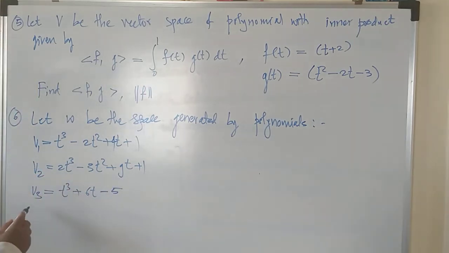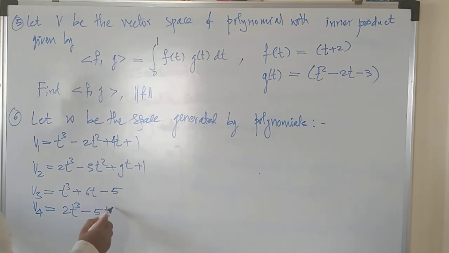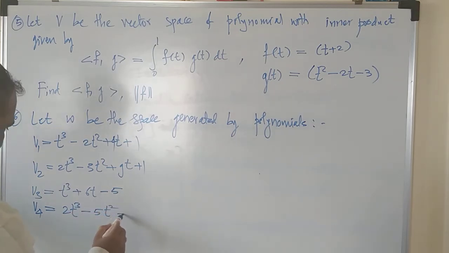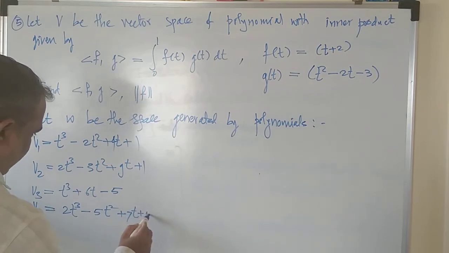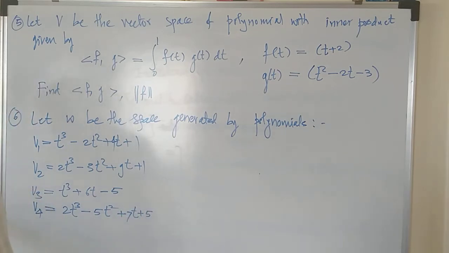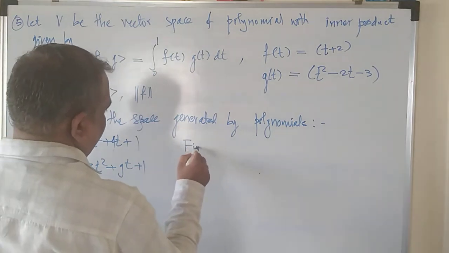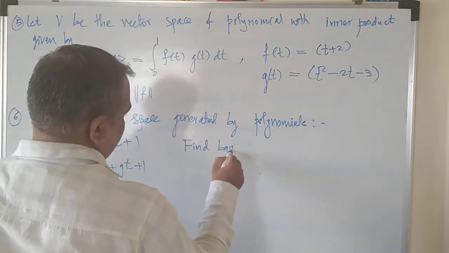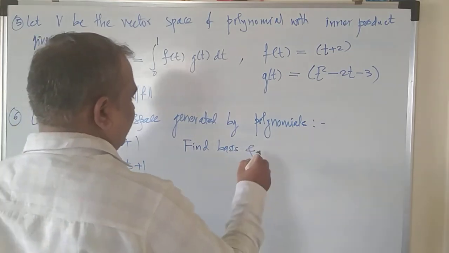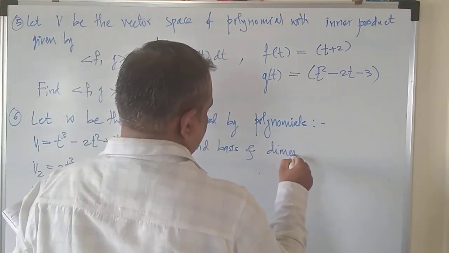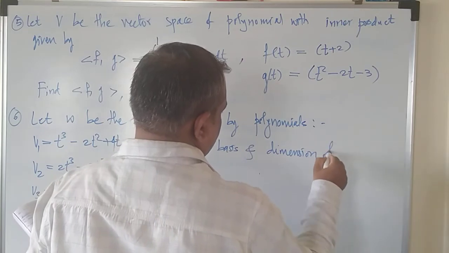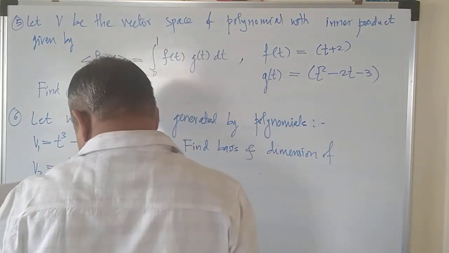And V4, let me write here only, V4 is 2t cube minus 5t square plus 7t plus 5. Find basis and dimension of W.